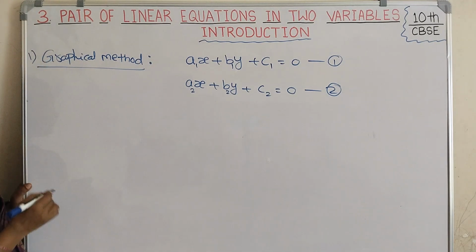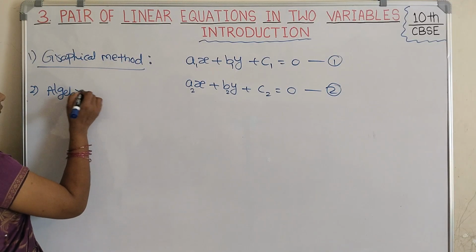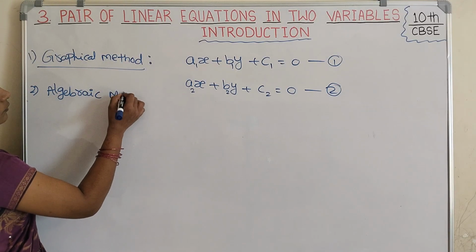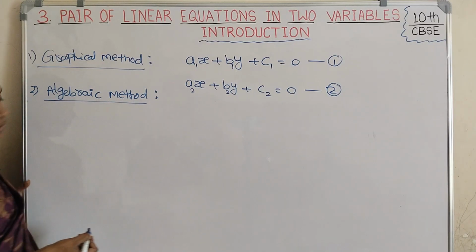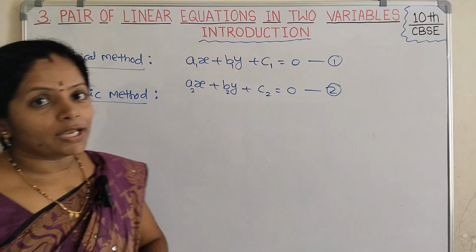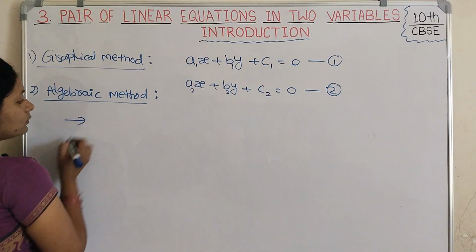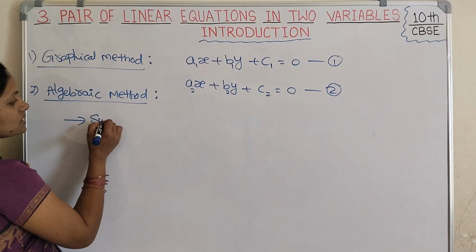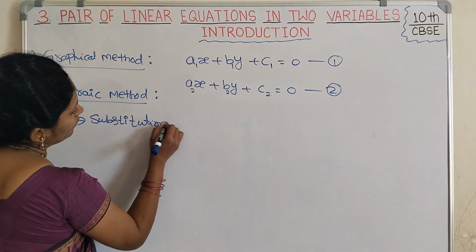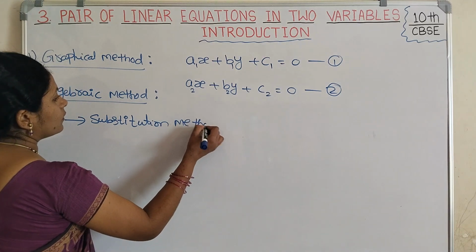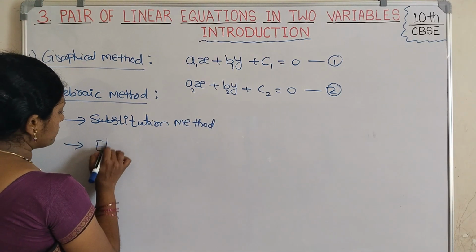This is the first method. Second is the algebraic method. Algebraic method of solving a pair of linear equations. In this, again, two subtypes are there. The subtypes are the substitution method and the elimination method.